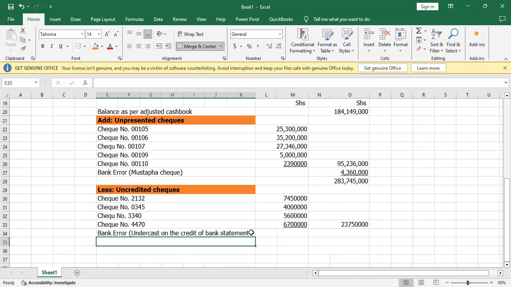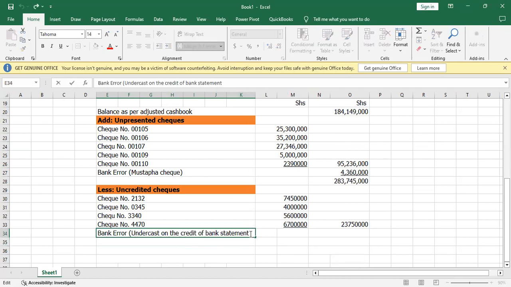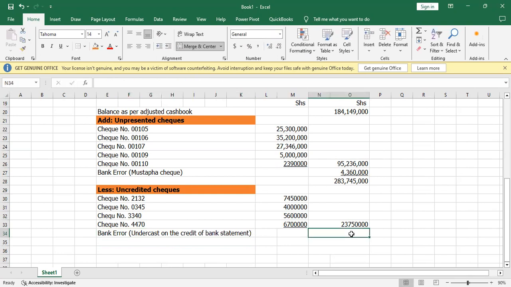I think this is okay. And of course I've told you that the difference is 54,000. So it comes as part of the uncredited. There was an undercast on the credit of the bank statement. So we have that 54,000.